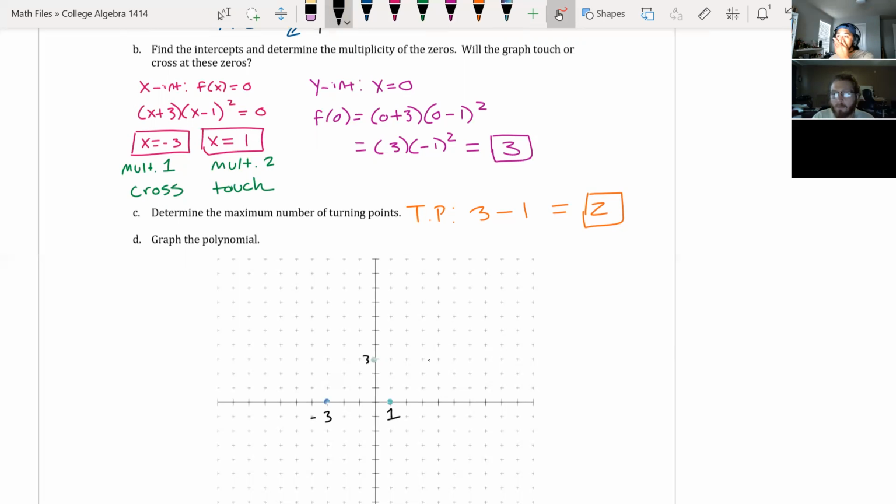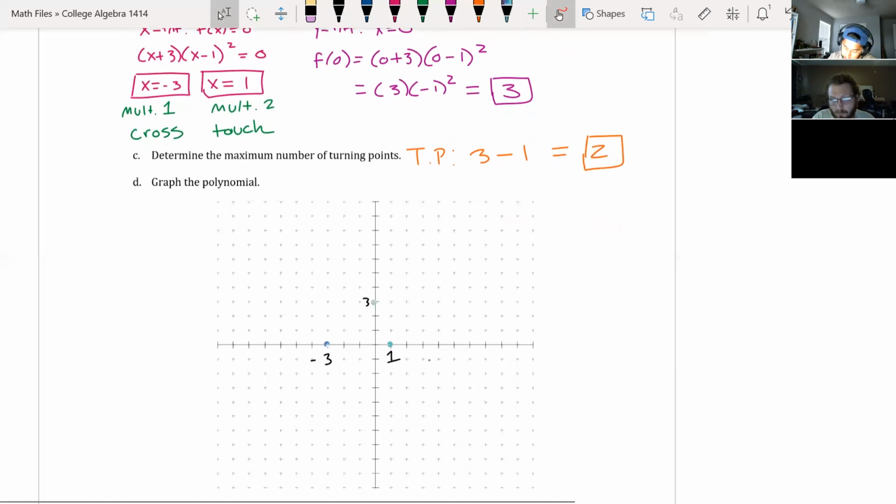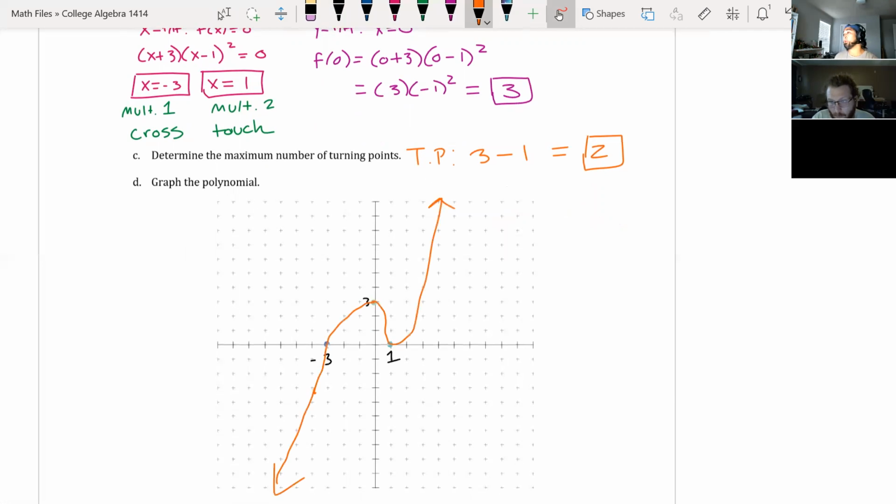And then we can now graph it by our end behavior. We said we start bottom left and end top right. So this means I'd come up. And at -3, we will cross, go through the y-intercept, come down, hit 1, touch and go. There's our sketch.